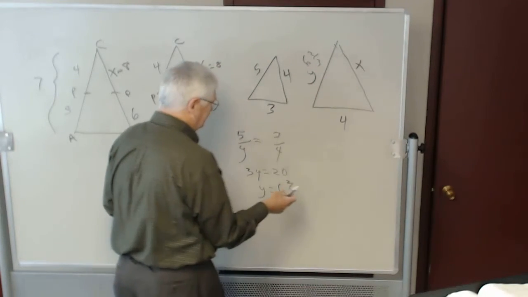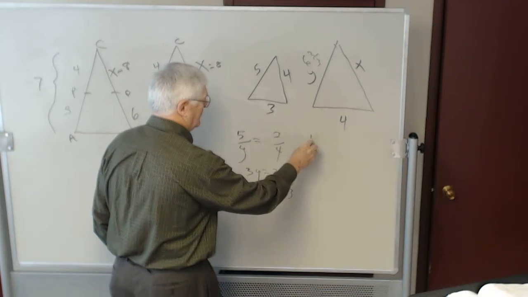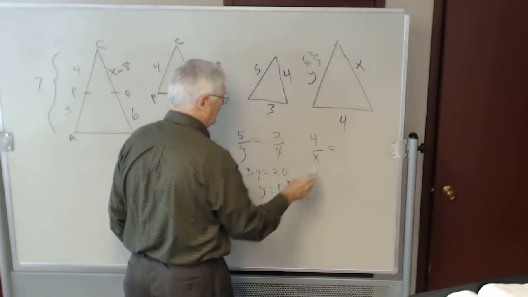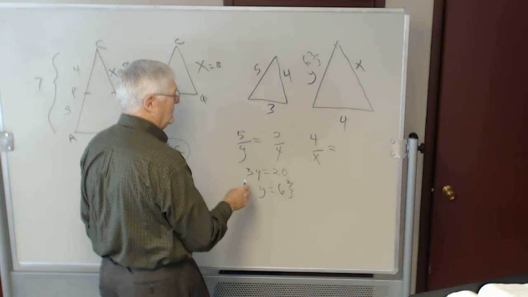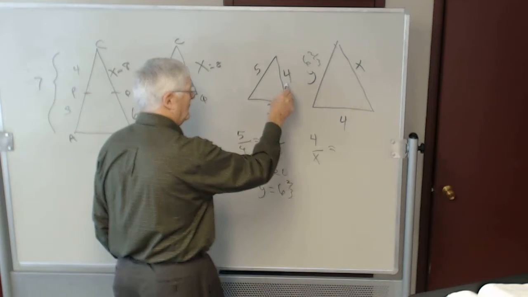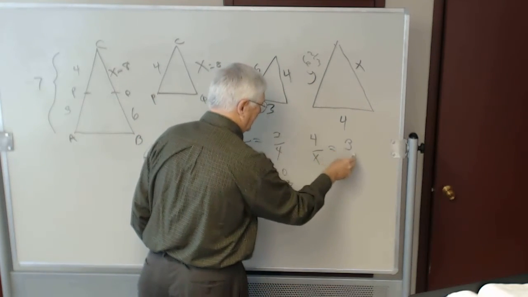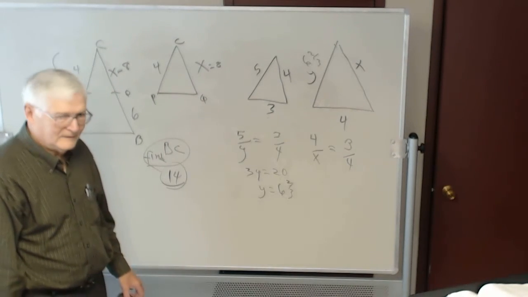So Y is 6 2/3. Now I need to find x. So what do I do for x? 4 over x would equal 3 over 4. Again, that's what I did. That's embarrassing.